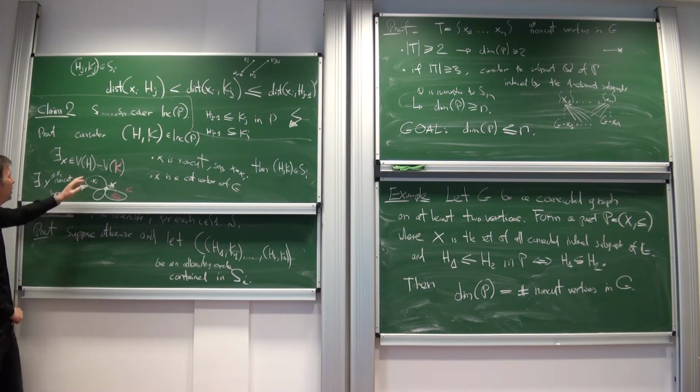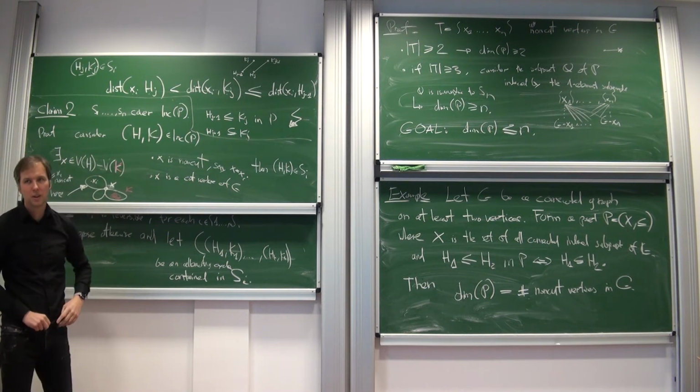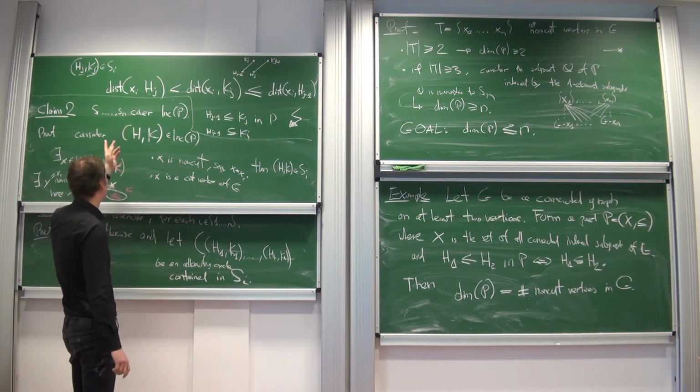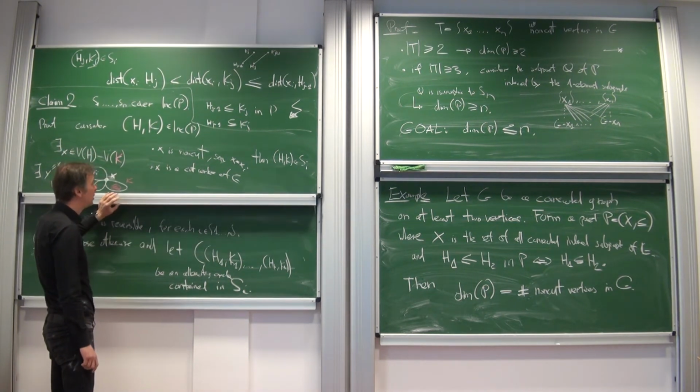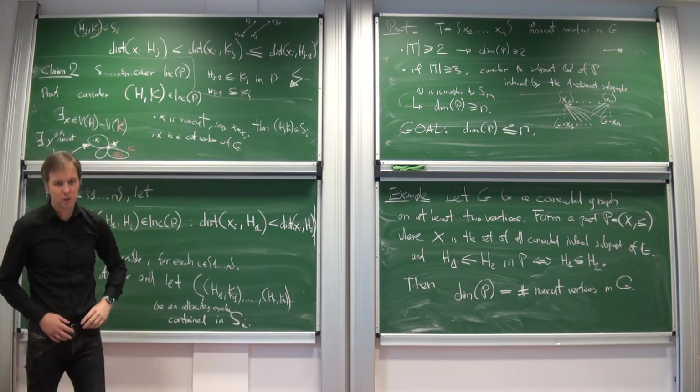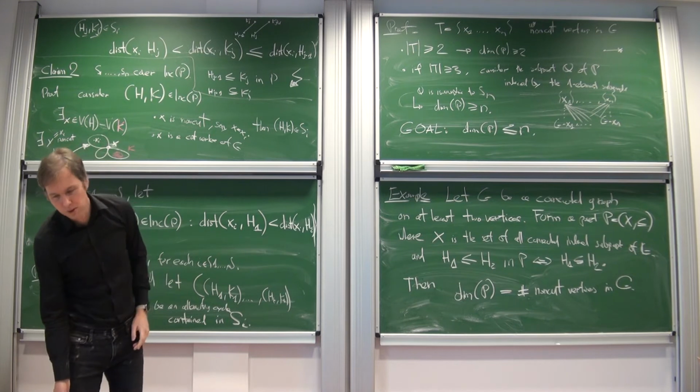So indeed, for any incomparable pair, we can find a block. We can find it somewhere in the covering. It might be that it's in more than one, so that's why it's a covering. It doesn't have to be a partition, but it's even better for us.